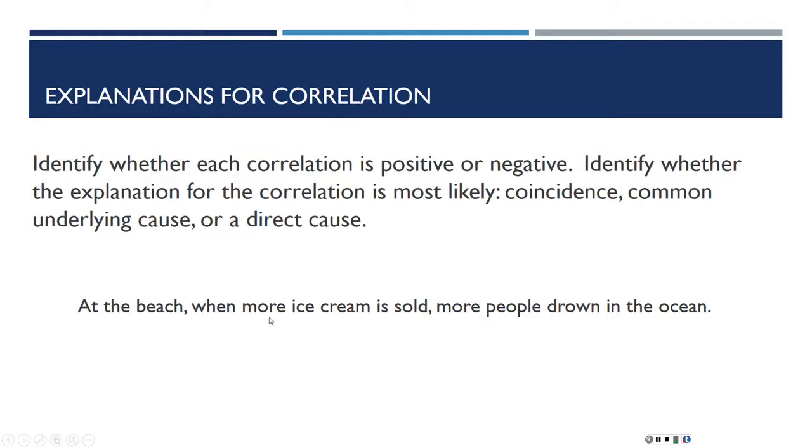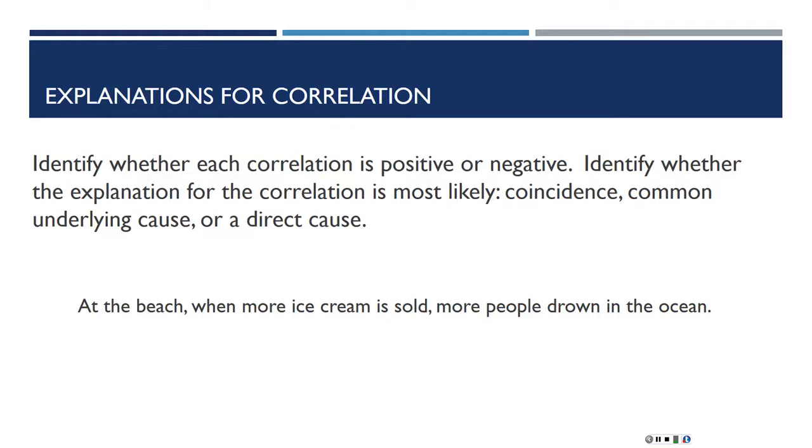At the beach, when more ice cream is sold, more people drown in the ocean. So you sold more ice cream and more people drown. Is it positive, negative? Well, they're selling more ice cream, so the amount of ice cream they sold increased.